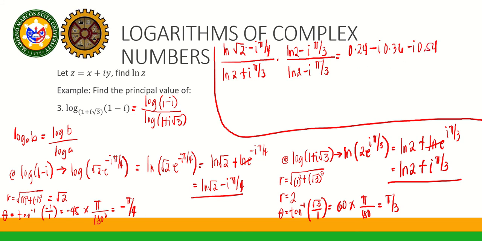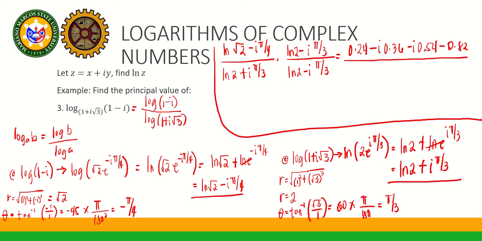And then negative i pi over 4 times negative i pi over 3, that will be equal to negative 0.82. Why negative? Because negative times negative is positive. However, meron tayong i squared dito, and i squared is equal to negative 1. That's why naging negative yung answer natin.